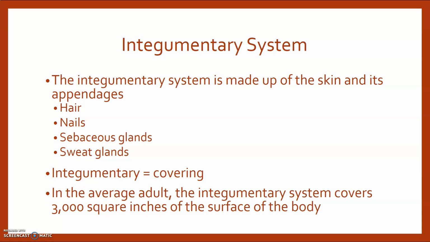Along with skin, the integumentary system is also made of appendages that include the hair, nails, sebaceous glands, and sweat glands. The skin is the largest and one of the most important organs of the body. And in the average adult, the integumentary system covers 3,000 square inches of the surface of the body.